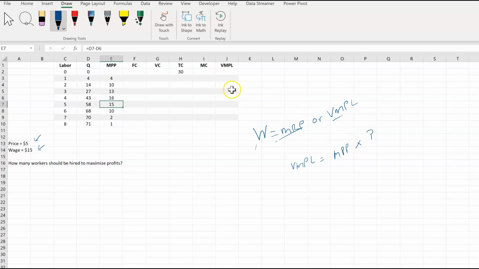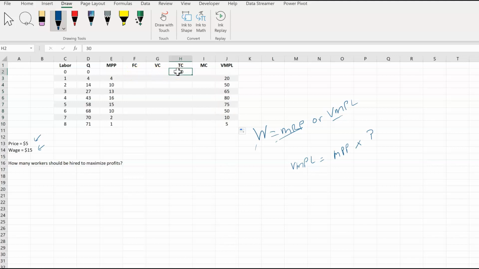So I'm going to say equals MPP right there, and multiply it by the price of the product, which is $5, right? And then I'm going to do the same thing here for the second worker times $5, and then autofill that down. Okay, that's VMPL.